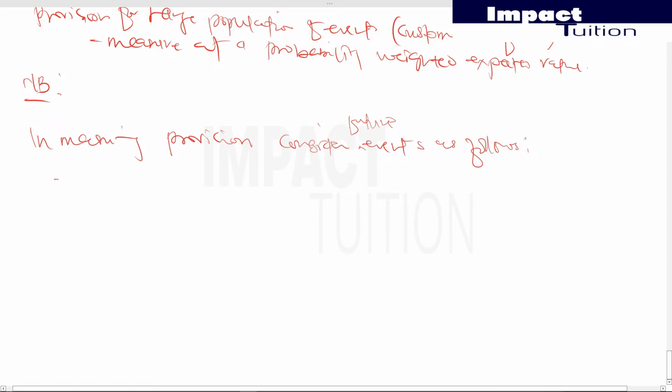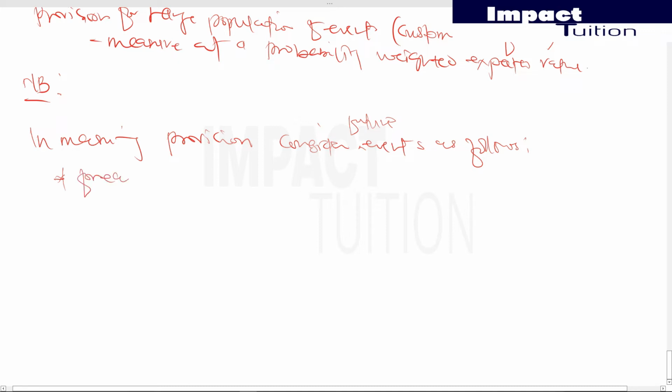One, we should forecast reasonable changes in applying existing technology. We should ignore possible gains on sale of assets, and then we should consider changes in legislation.